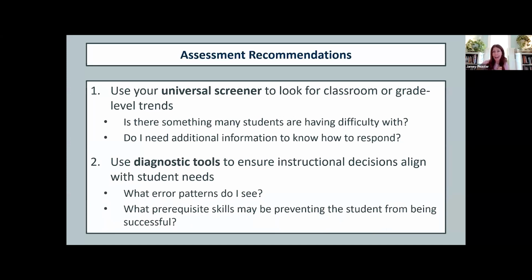So I told you I would come back to that because it's that prerequisite skill piece that also connects to intrinsic load. If my lesson is teaching skills here and the student's prerequisite skills present a significant gap between what they are able to do and what the lesson is asking them to do, then it's unlikely that they are going to have a lot of capacity left for learning.